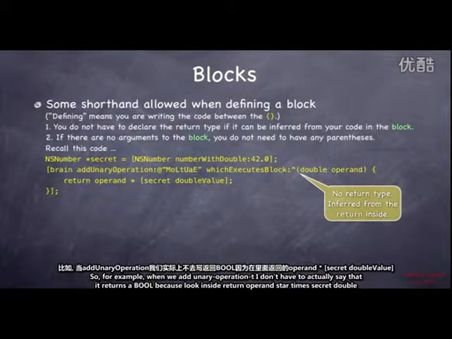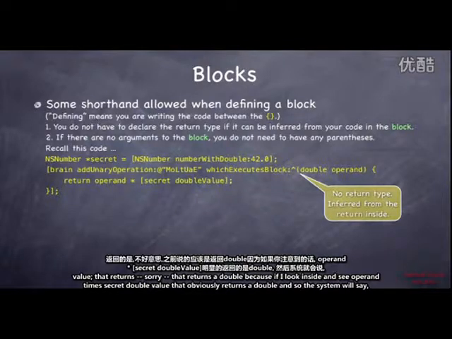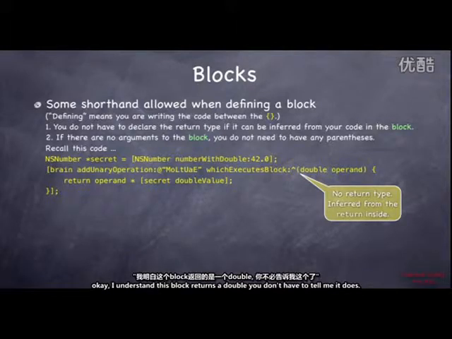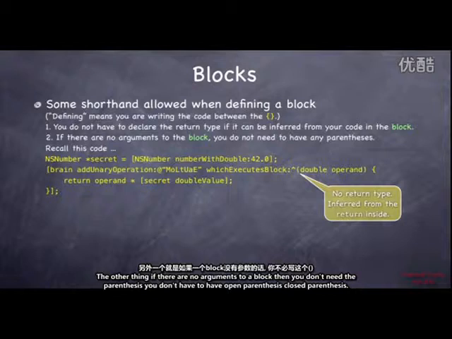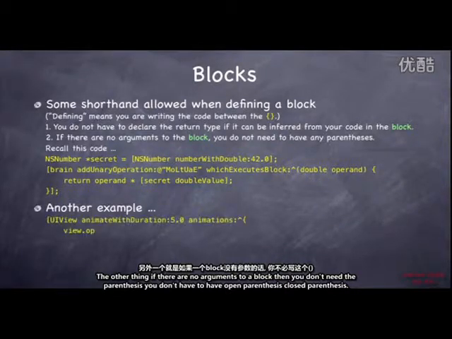For example, when we add unary_operation_t, I don't have to actually say that it returns a double, because look inside: return operand times secret double value. That obviously returns a double, and so the system will say, okay, I understand this block returns a double. You don't have to tell me it does. The other thing is, if there are no arguments to a block, then you don't need the parentheses. You don't have to have open parentheses, closed parentheses.